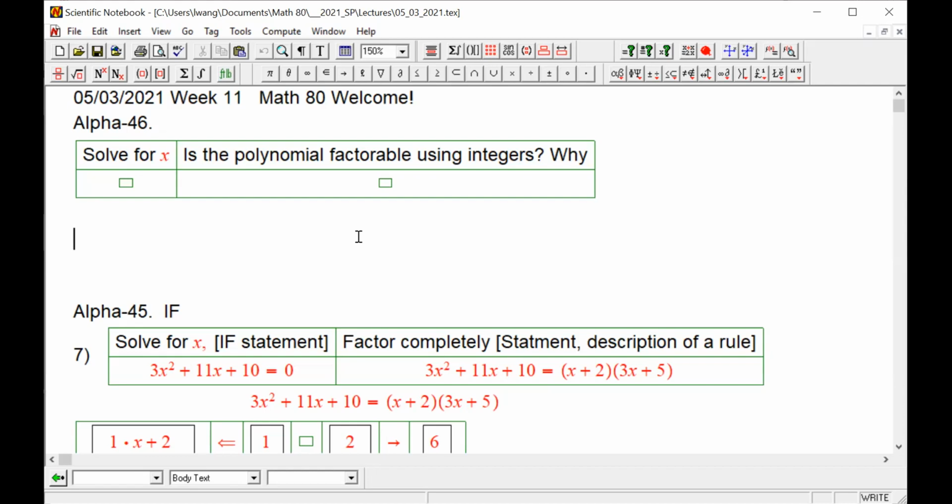Because it's very difficult to factor using the technique of factoring with integers, even though the equation looks very simple. Then we will be talking about this method that works all the time, so we can factor or find the solutions.